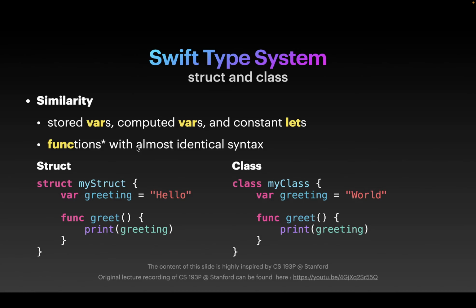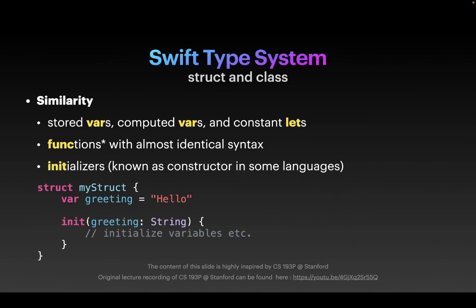And both can have functions inside. There is a little difference in syntax, but we're going to see that later. When we just use the properties inside the class or struct, the syntax is exactly the same. But when we actually want to change a property inside the class, you're going to see the difference.